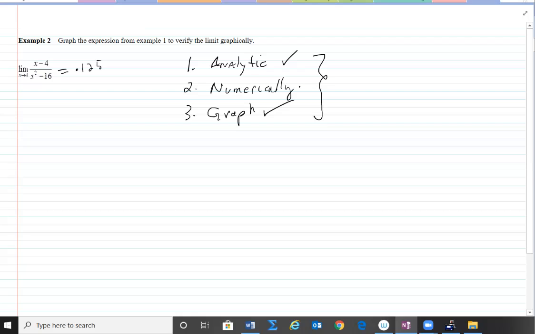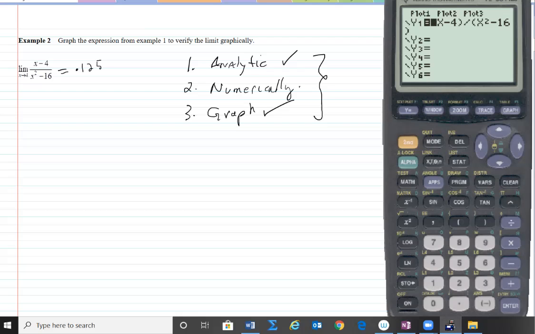Now, in this problem, we were just going to look at the calculator. So let's see what we have here. Put it in, and it's really just a matter of getting the right window. So if I graph this, let's do a trace. I want x to come over the 4, so let's just immediately put in that 4. And okay, again, we see missing y.